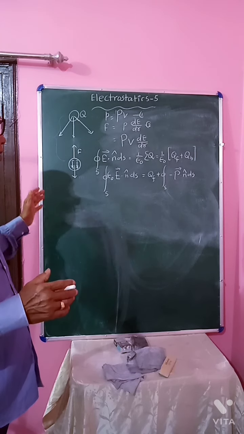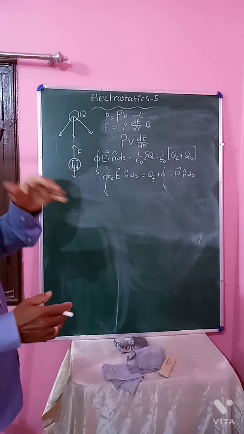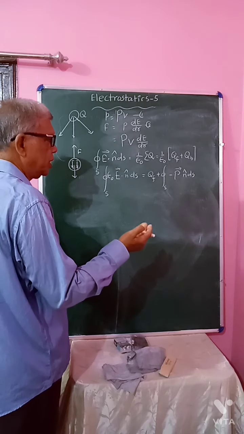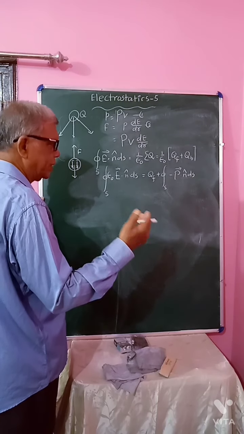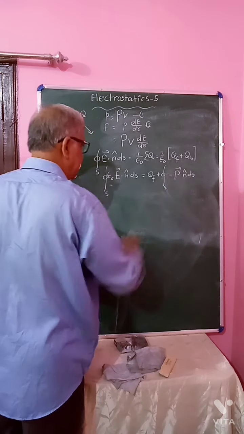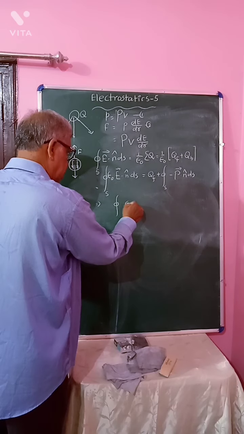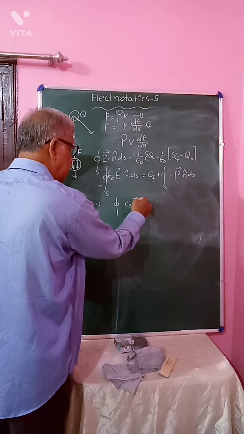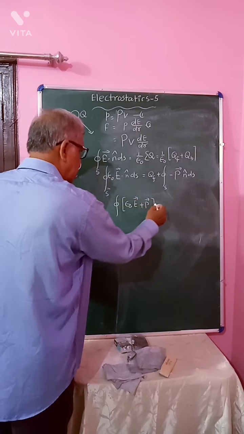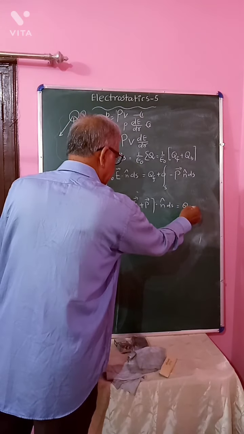But we know that the electric field also results because of the polarization, and the bound charges QB can be related to the polarization vector by the formula minus P dot n cap dS. Or this we can write epsilon 0 E plus polarization vector dot n cap dS is free charge.